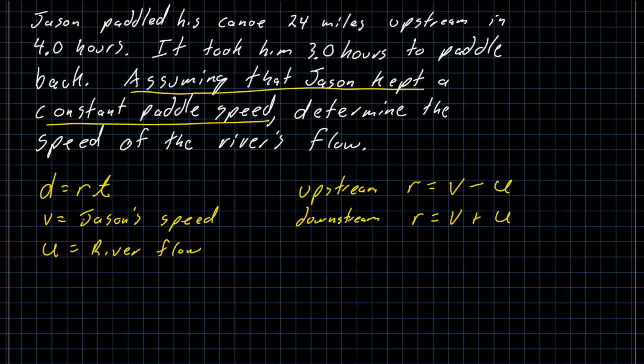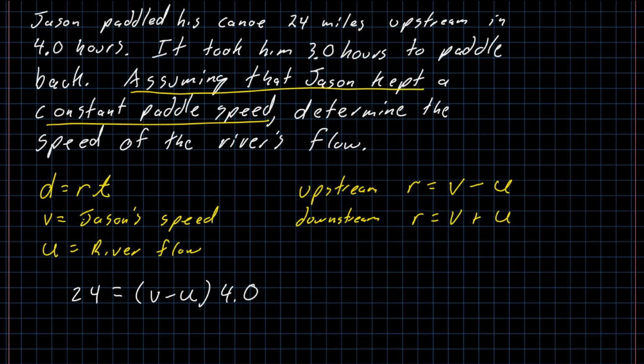So if we look at the upstream circumstance, Jason went 24 miles in 4 hours. So our distance is 24. Our rate going upstream is v minus u, and our time is 4.0 hours.